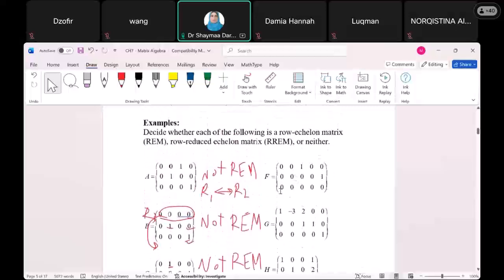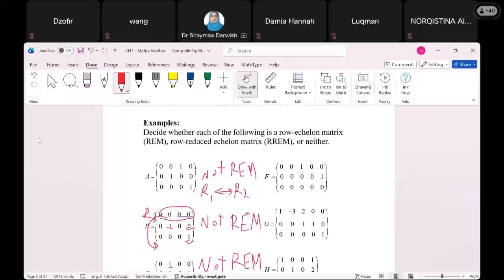Okay, matrix F, row echelon form or not? Yes, row echelon form. The first non-zero number is 1.